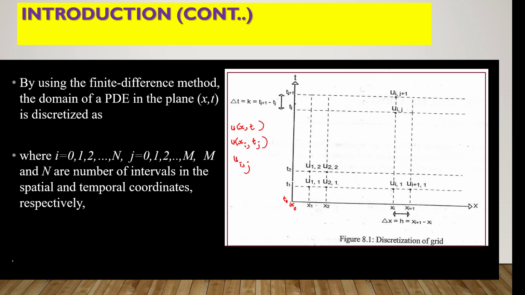So for example, this point is x1, t1, so this is u11, x2, t1 is u21, and then here x1, t2 is u12. So in general xi, tj. The solution is actually at these nodes. For simplification, I'm not going to solve like this.